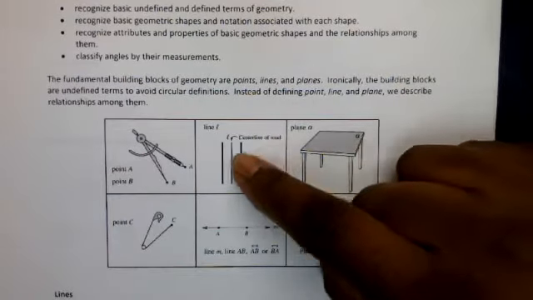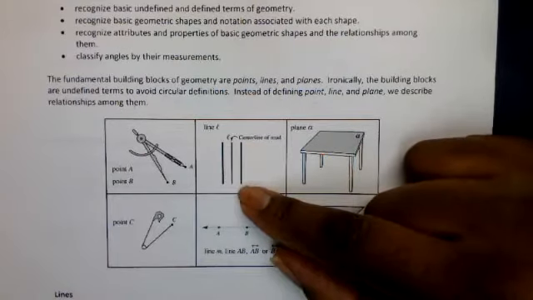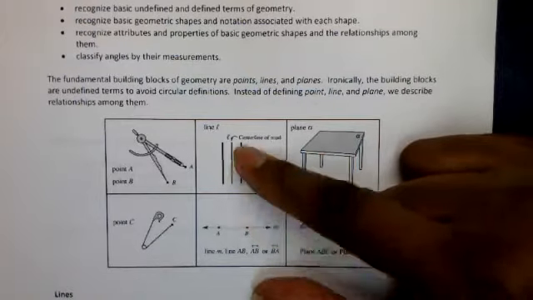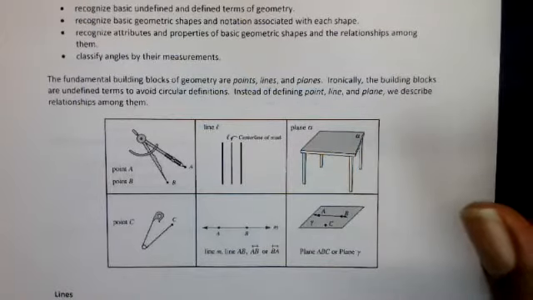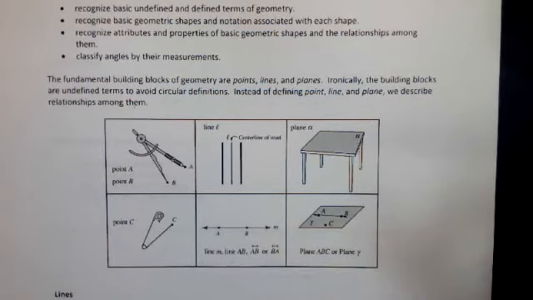And then a line looks like this. Okay. So if we had something like this, and this is the center of the road, that would be a line as well. And in a line, it looks like this. It goes on and on and on without end.